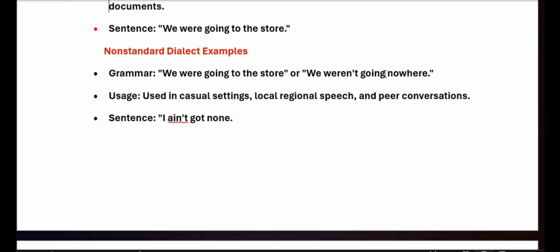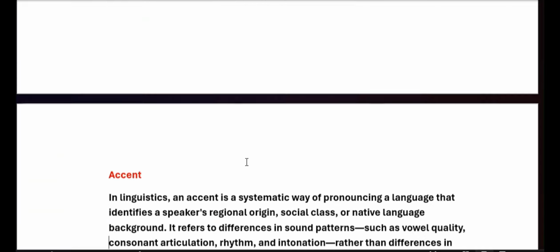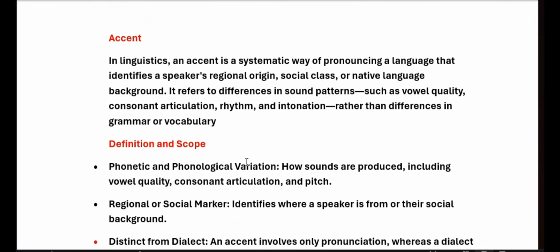Now this, we weren't going nowhere, does not follow the strict rules of grammar that we know exist in English. Usage: non-standard dialect is used in casual settings, local regional speech, peer conversations. Like the sentence, I ain't got none. Ain't, what is this? So this is non-standard dialect.